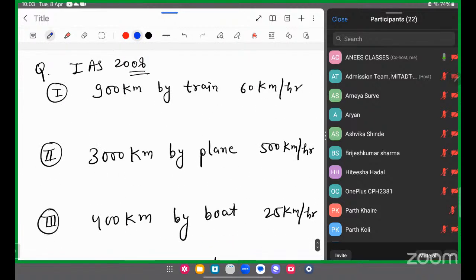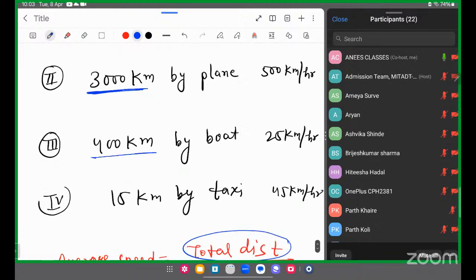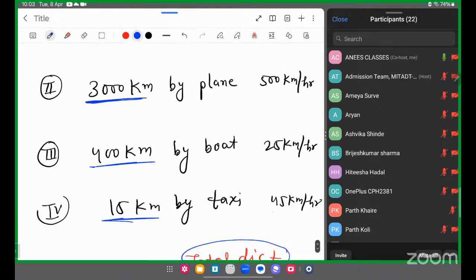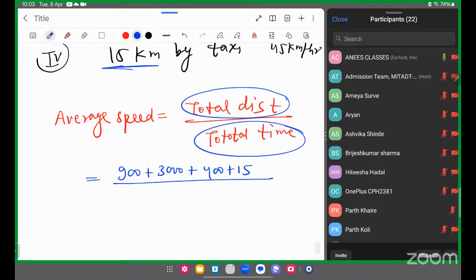Overall distance is very easy to calculate because we are directly given 900 kilometer, 3000, 400, 15. So this will be 900 plus 3000 plus 400 plus 15.